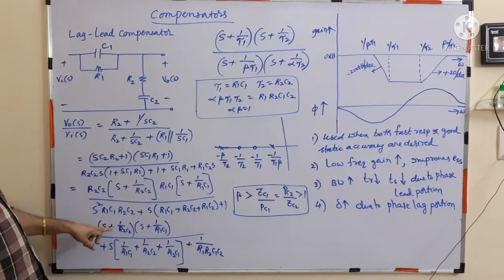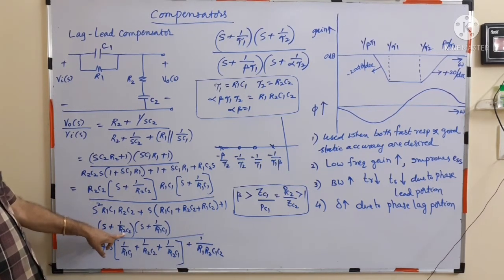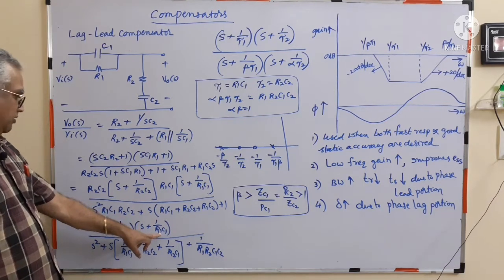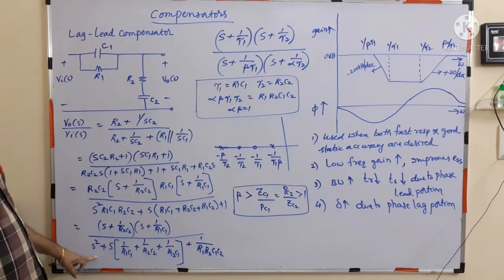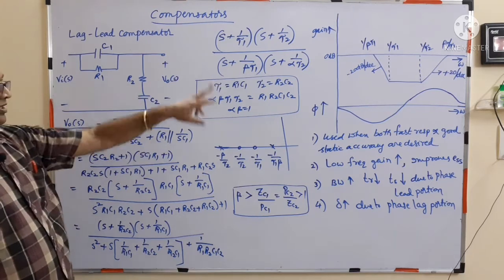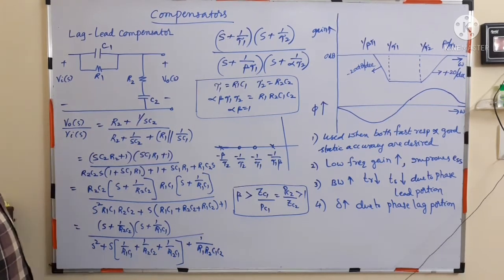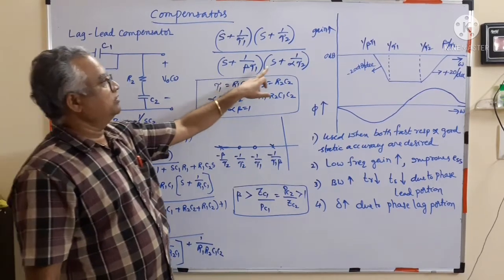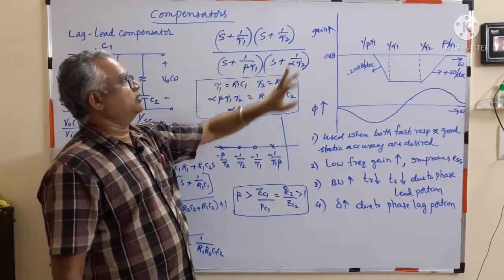Further, the numerator is (s + 1/tau 1)(s + 1/tau 2), and the second-order denominator can be expressed as a product of two terms, (s + 1/(beta tau 1)) and (s + 1/(alpha tau 2)).